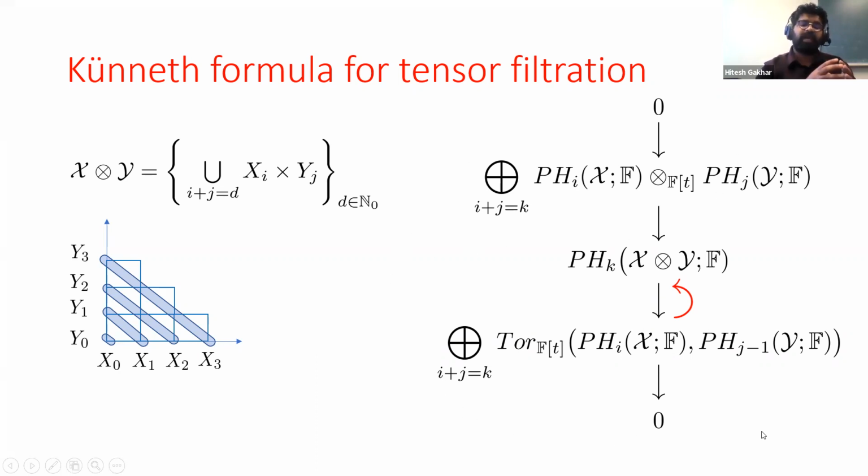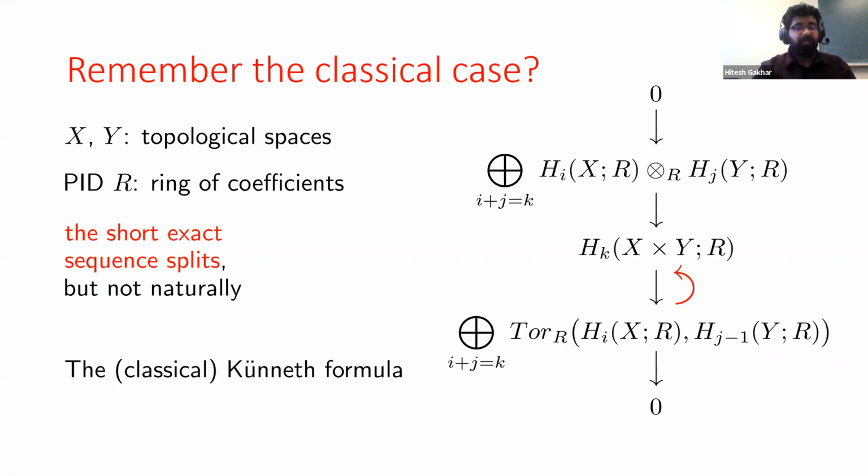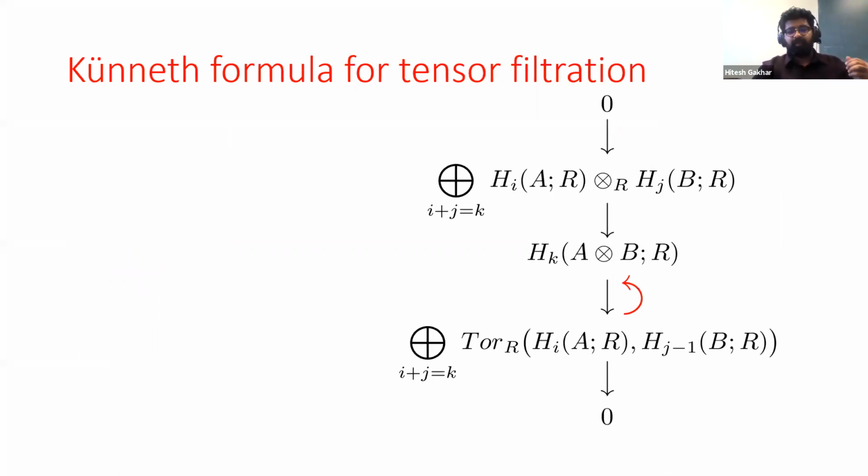We get a short exact sequence, or a split exact sequence, that actually reminds us of the classical Kunneth formula. When we started this work, the idea was to get something reminiscent of the actual Kunneth formula. So this is what the Kunneth formula is: you have a tensor product of homologies, the homology of the product, the Tor of the homologies, and the sequence splits.